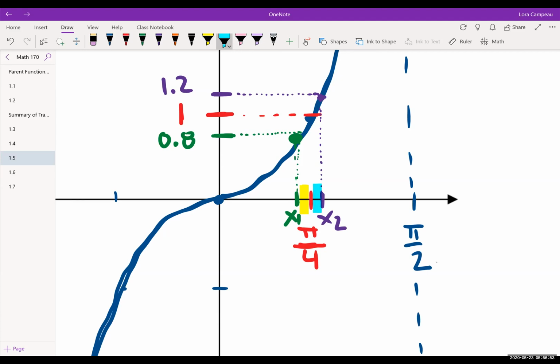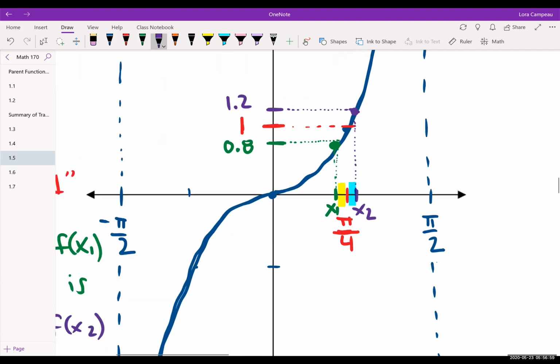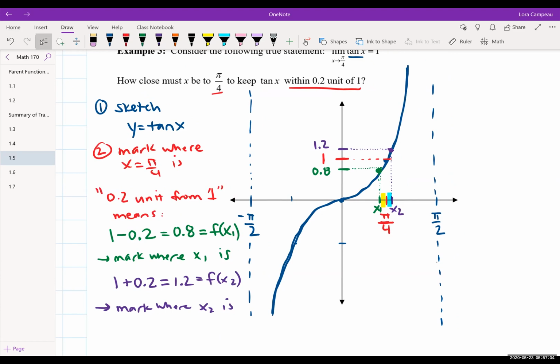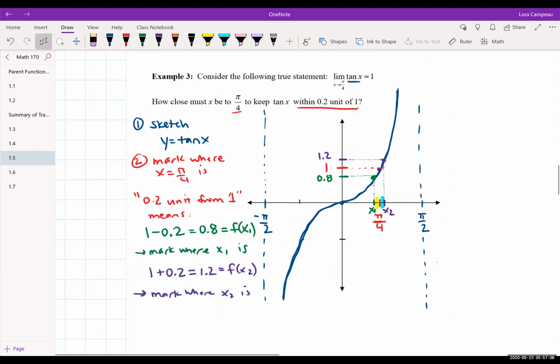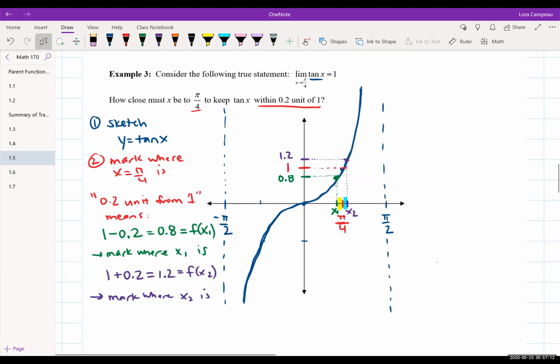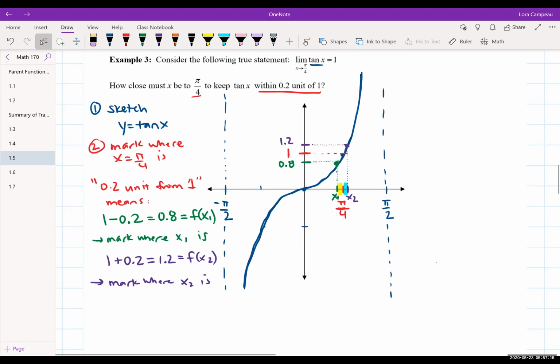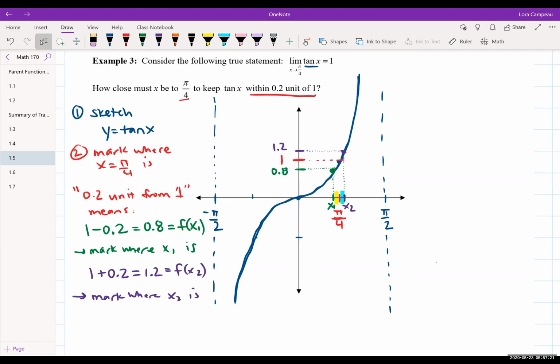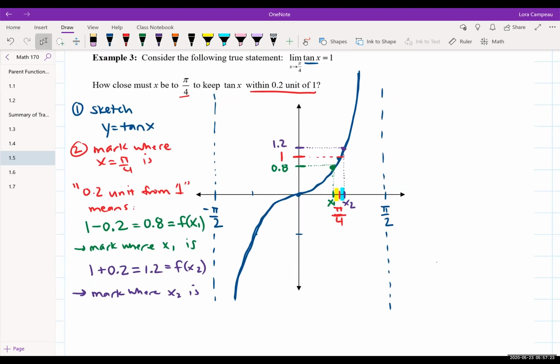And if we have a little more accuracy, we might see that these distances look a little different. Sometimes it's really hard to see if you're doing this by hand, but we're going to prove this with a little bit of math and algebra, and then we'll really determine. To me, it looks like they're kind of the same distance away, but I'm suspicious because I know this is not a linear function.